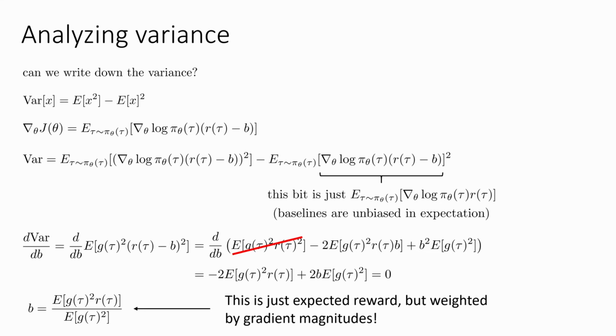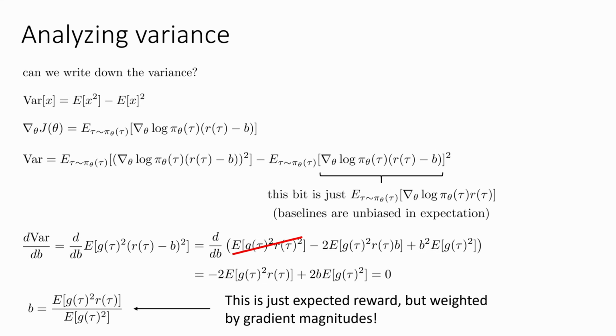You get a different baseline value for every entry in your gradient, depending on the degree to which each trajectory is affected by that parameter dimension. So you get a per-dimension baseline if you do this, which is just average reward weighted by the magnitude of the gradient for that dimension. And this is the optimal baseline. This is the baseline that actually minimizes variance.